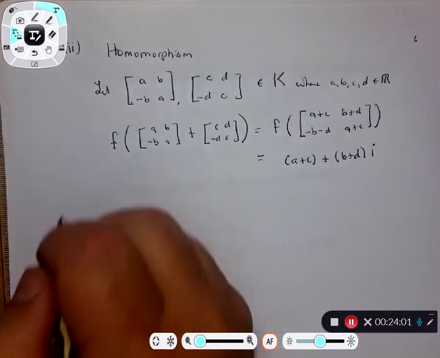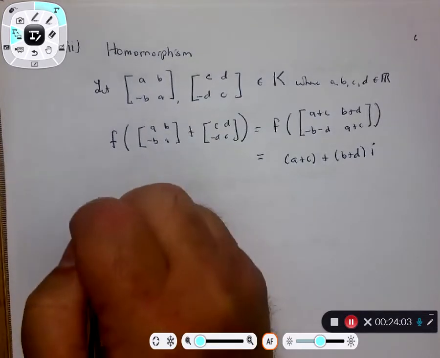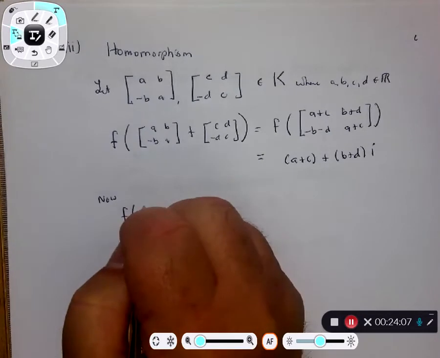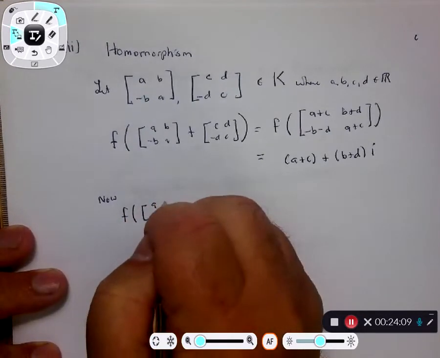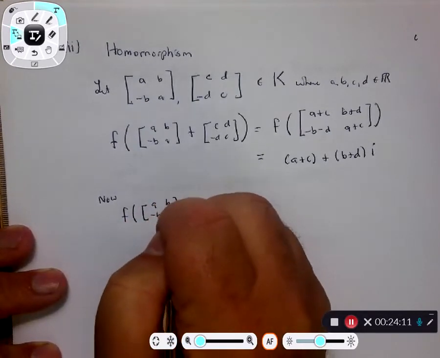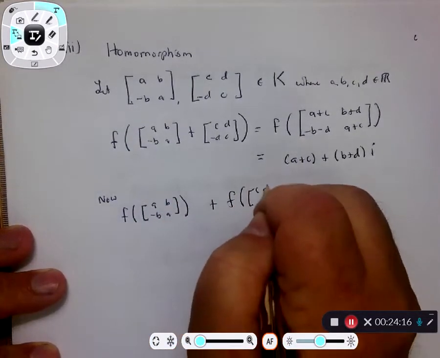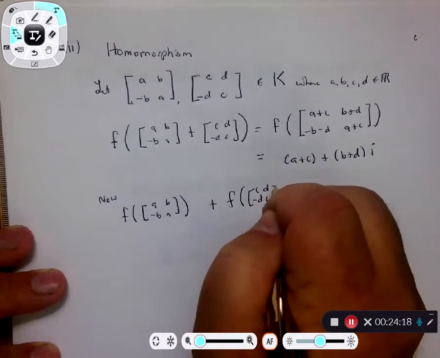Now we're going to compare this. What would f of the matrix a, b, negative b, a plus f of the matrix c, d, negative d, c be equal to?